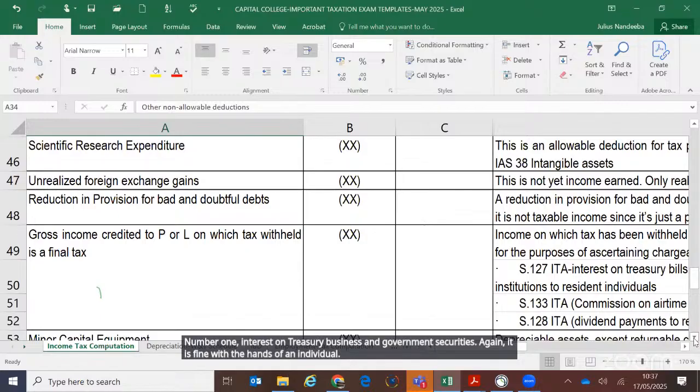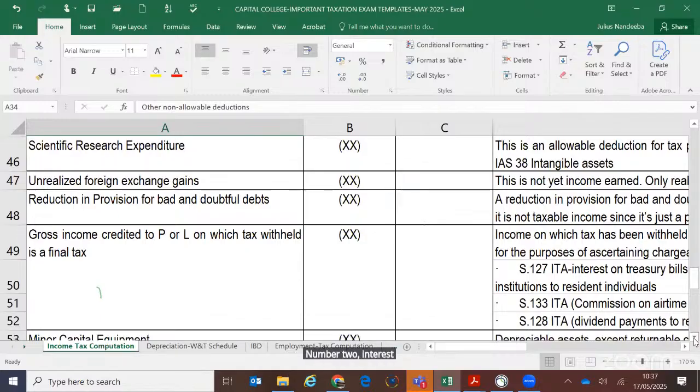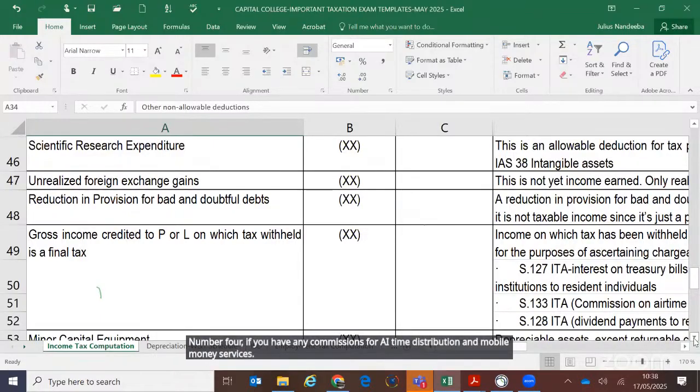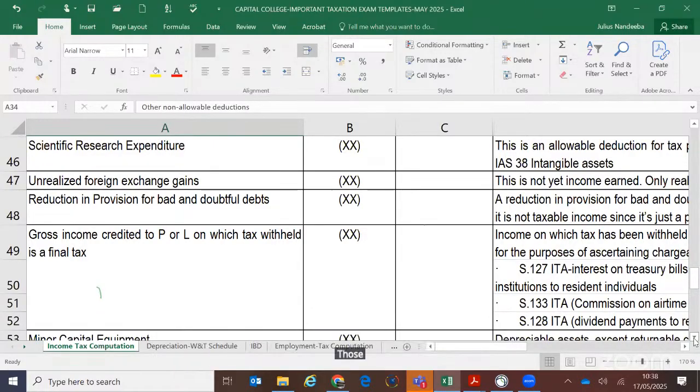Number two, interest on fixed deposit accounts from financial institutions. Number three, any dividends. Number four, commissions for airtime distribution and mobile money services. Those suffer withholding tax as a final tax in the hands of a resident individual.